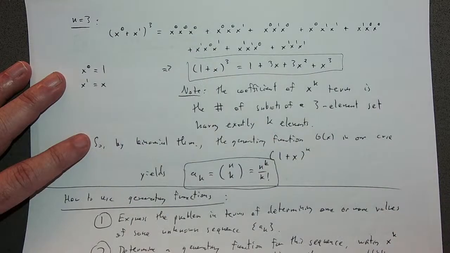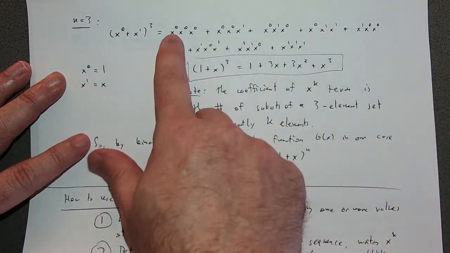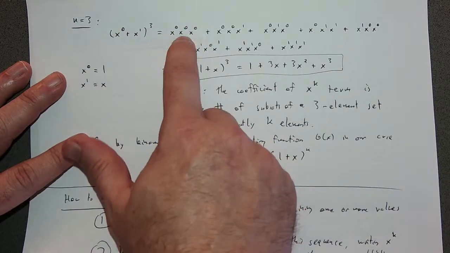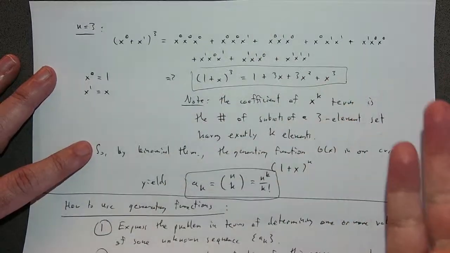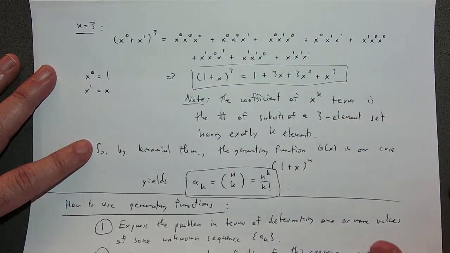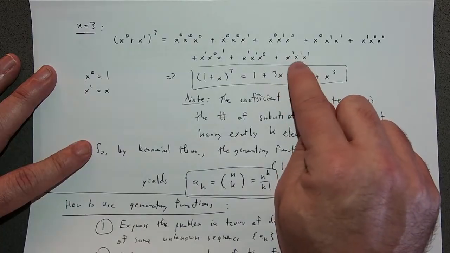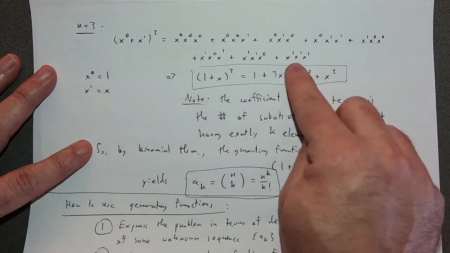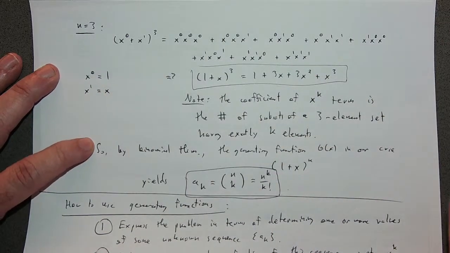Of course, just to see this, if you have a set of 3 elements, then building a k element subset, what are all of the possible subsets, right? Well, I can exclude everything, right? That's this term. That's excluding everything. There's only one way to do that. That's the empty set as a subset of your set of 3 elements. I could include everything. That's this term. Again, there's going to be one way of doing that. That's including the whole set of 3 elements.